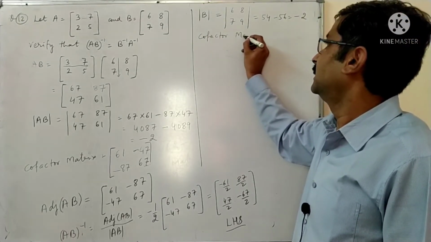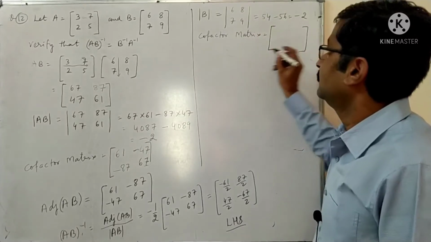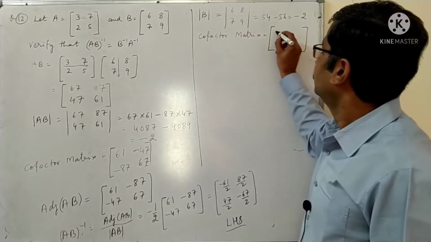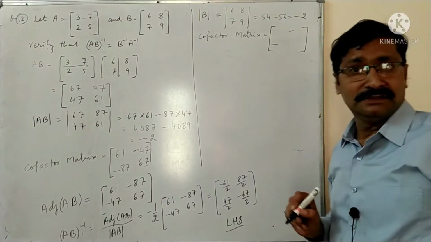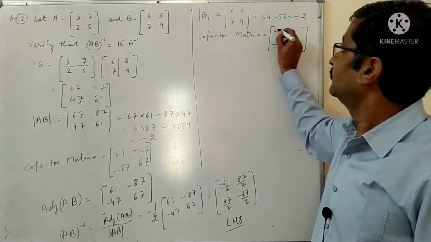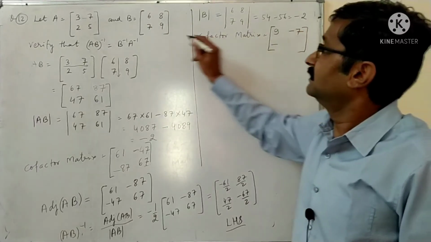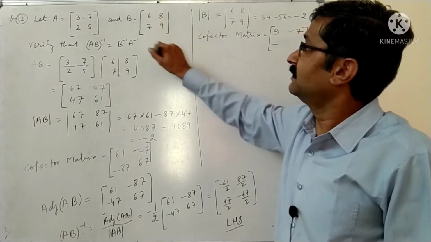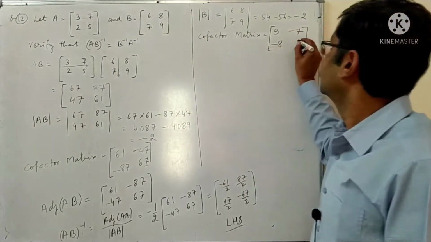Now you find the cofactor matrix. The cofactor matrix you can write directly. Look here, the signs will be plus, minus, minus and plus. Now first row and first column you do not take, you get 9. First row and second column you do not take, you get 7. Then second row and first column you do not take, 8, and second row and second column you do not take, 6.